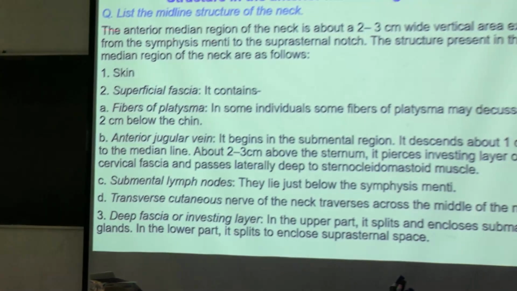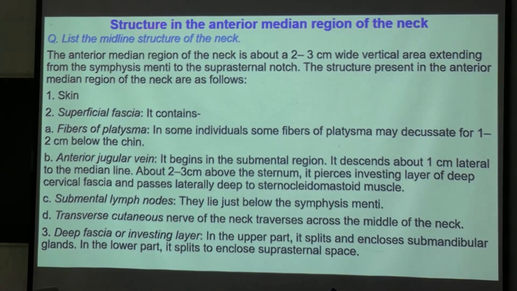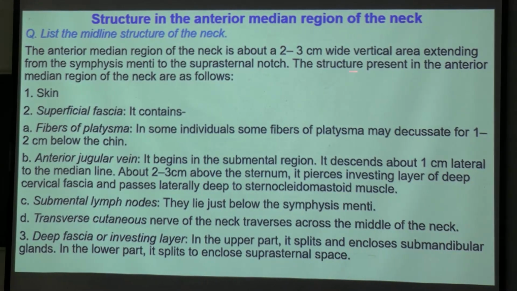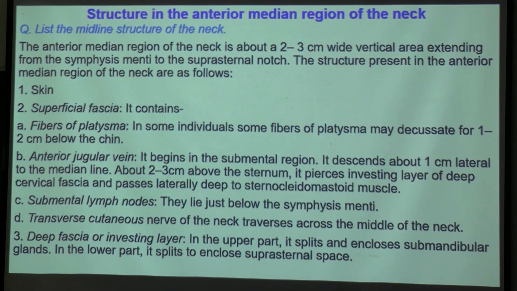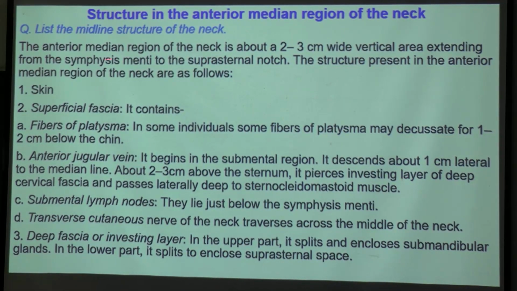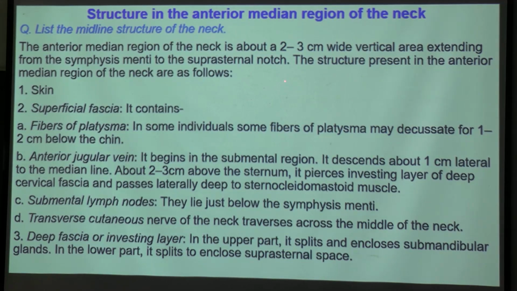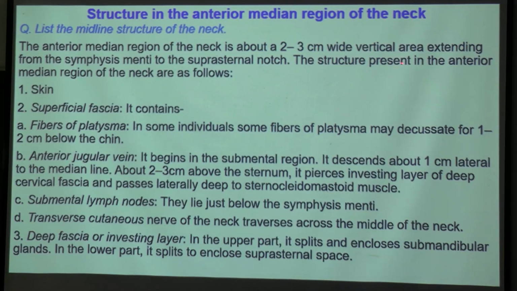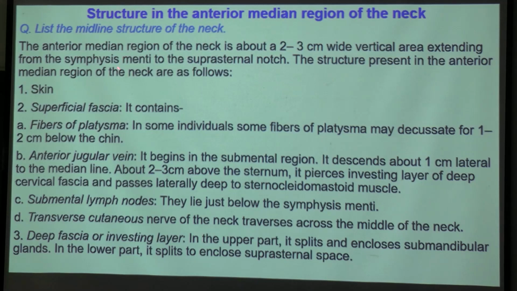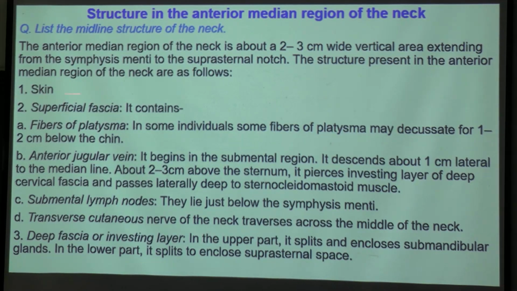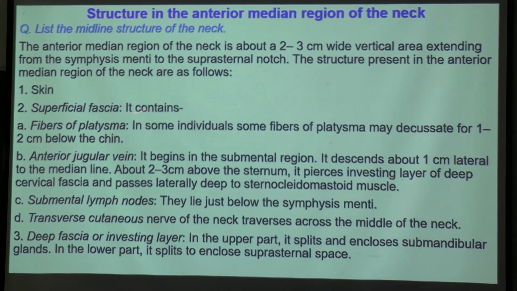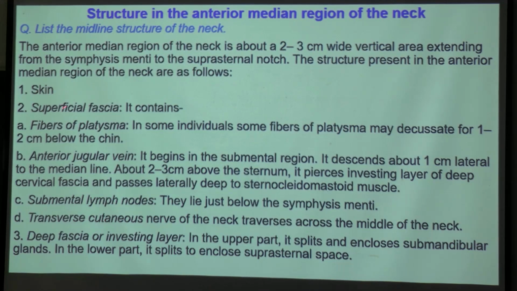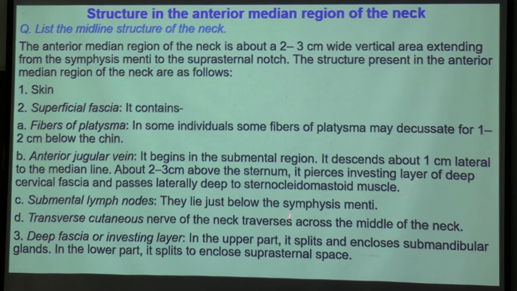The anterior midline of the neck, the anterior median region, is a vertical area about 2 to 3 centimeters wide, extending from the symphysis menti to the suprasternal notch. The structures present in the anterior median region of the neck are the skin and superficial fascia. The superficial fascia contains four structures.